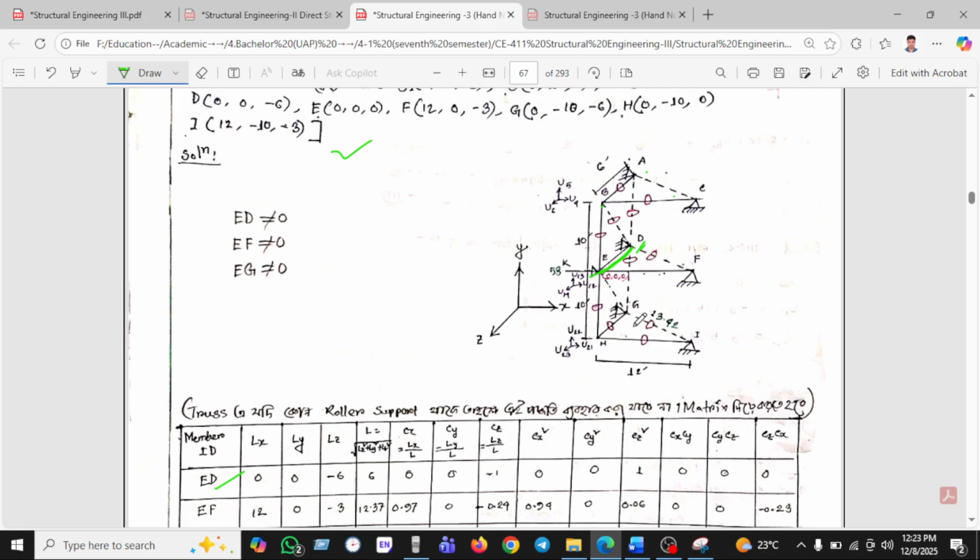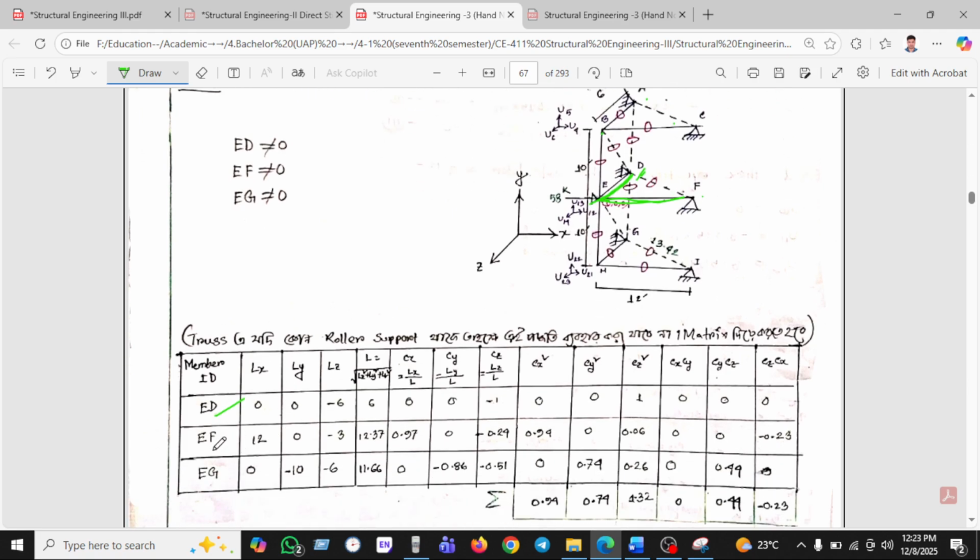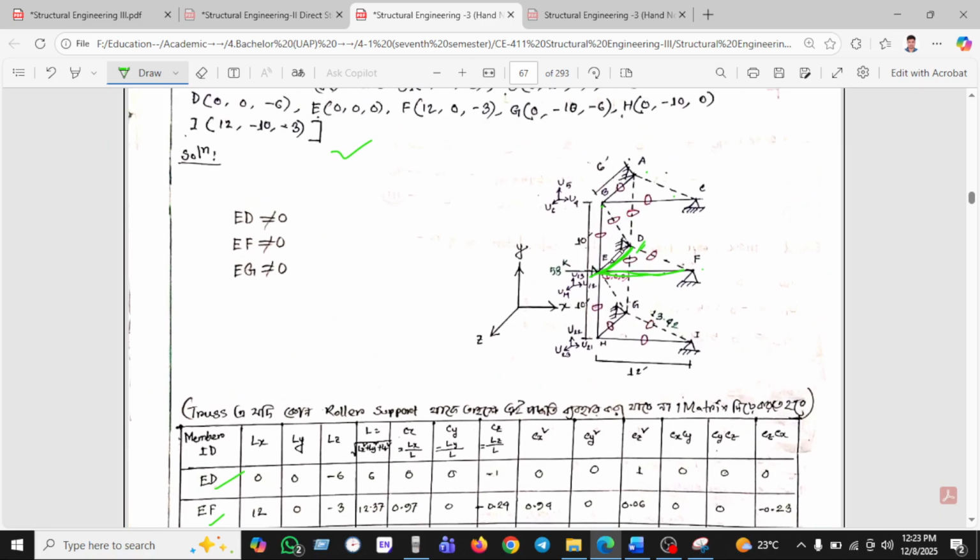This is E and this is F. Another one is EG. This is the member EG. So these three members will be calculated, and all the other members will be 0, because they are the zero force members. That's why all the other members will be 0.